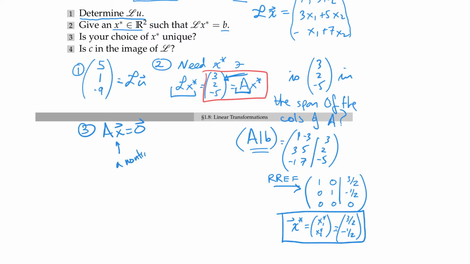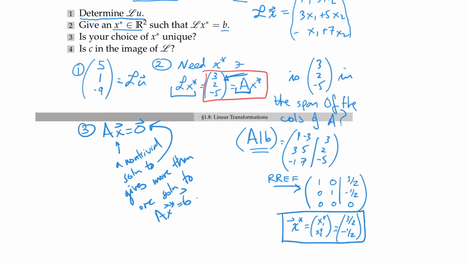A non-trivial solution to that gives more than one solution to A x star equals b.